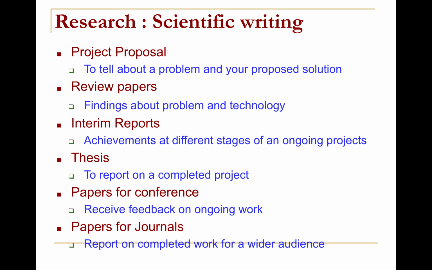And next we will write review papers. When you are finding the proposed solution, you have to have a thorough understanding about the research area on that particular field or domain.